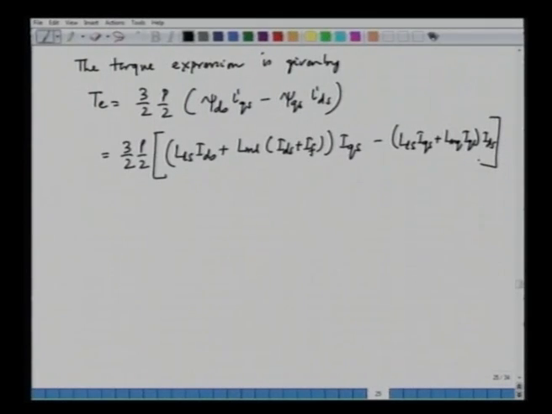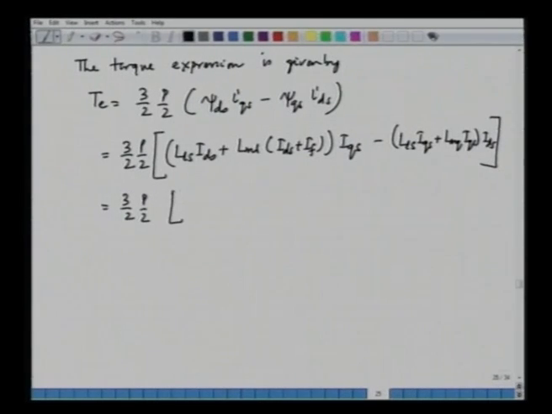So, this is the expression for the torque, and this can also be simplified. If we simplify that, the leakage components will be cancelled in this case. So, what we have finally is the following: 3 by 2 and P by 2.